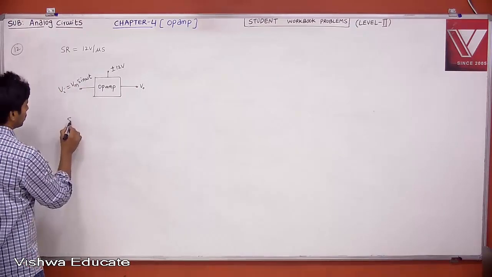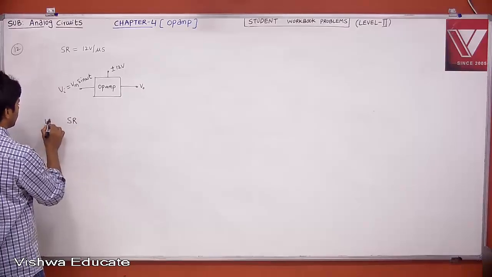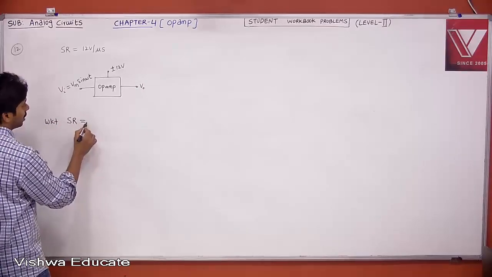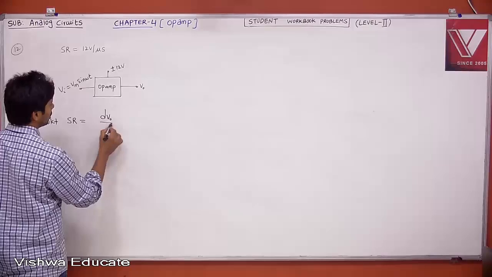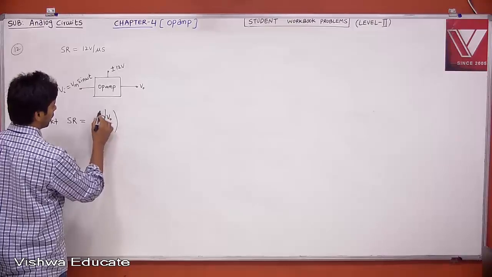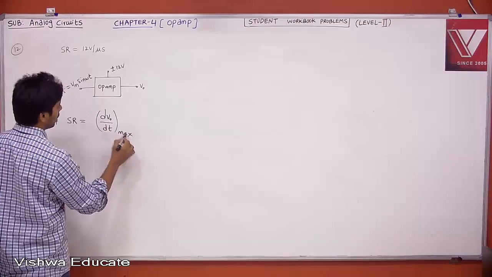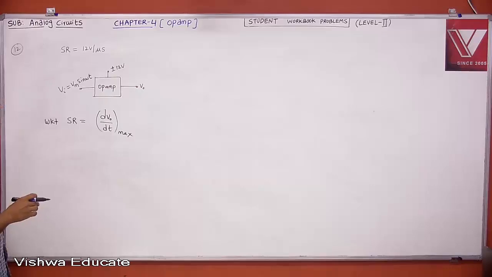Okay. Now what is slew rate? We know that the slew rate is defined as, I already explained, dV0 by dt, the change in output voltage, and that to max. The maximum rate of change of output voltage. That is what your slew rate.